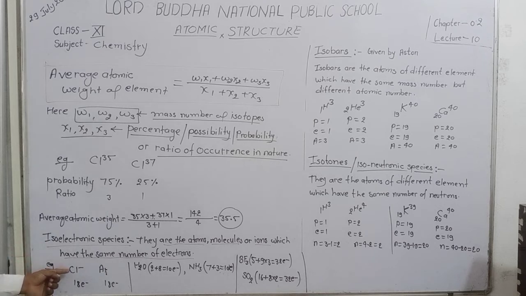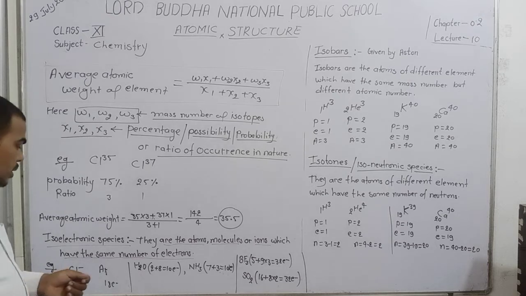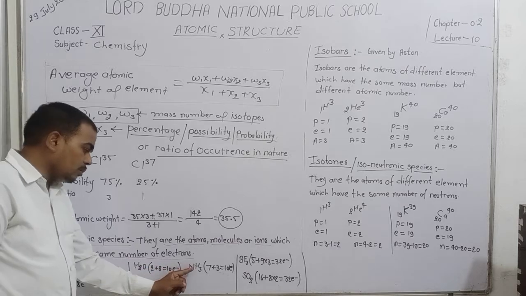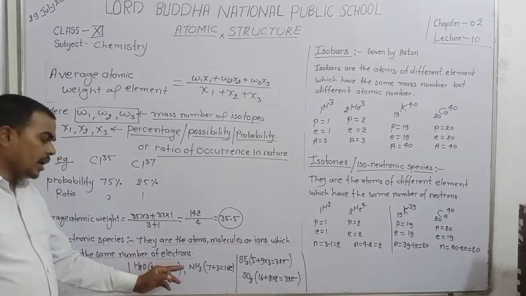So 17 plus 1 electron in chlorine is 18 electrons, and the atomic number of argon is 18, so argon has 18 electrons. Dear student, here the chloride ion and argon both have the same number of electrons, so they are known as isoelectronic species.